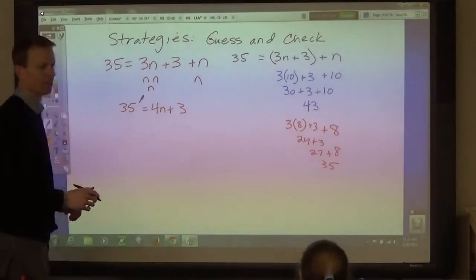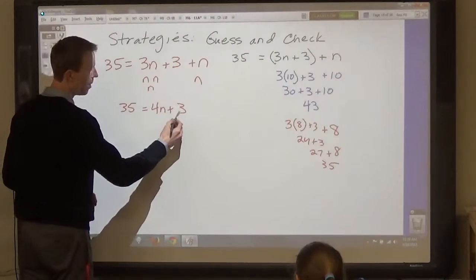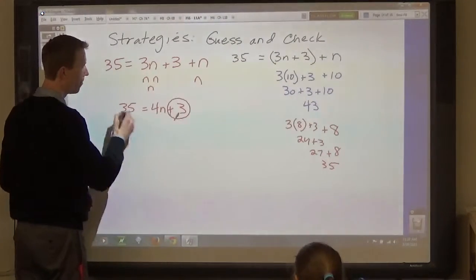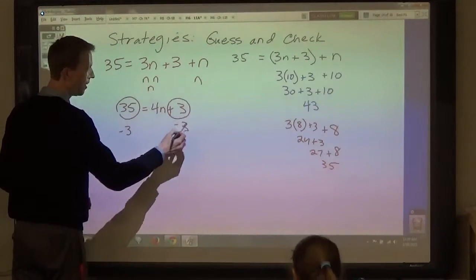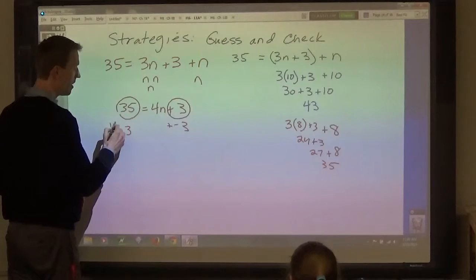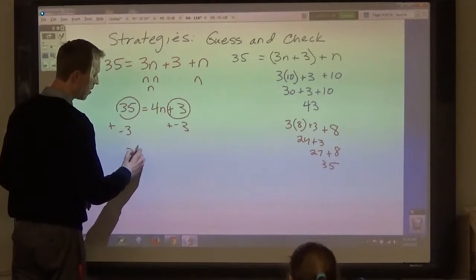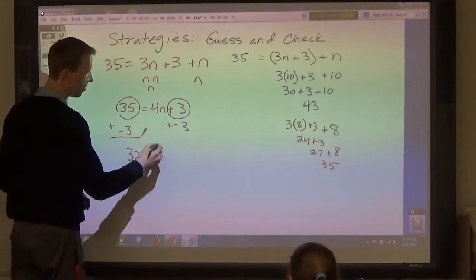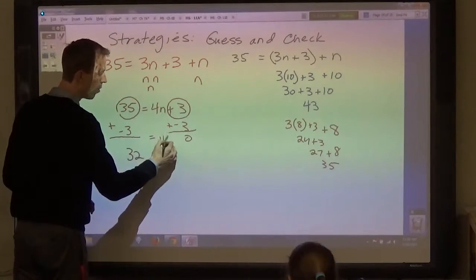You haven't gotten to this point in algebra yet, but if we take away 3 from each side, so we subtract 3, which is adding the negative, we've done that, then we still have 32 equals 4 n's.